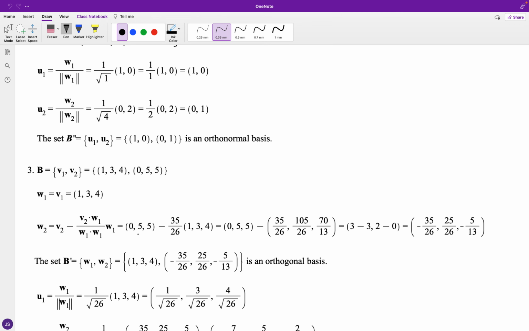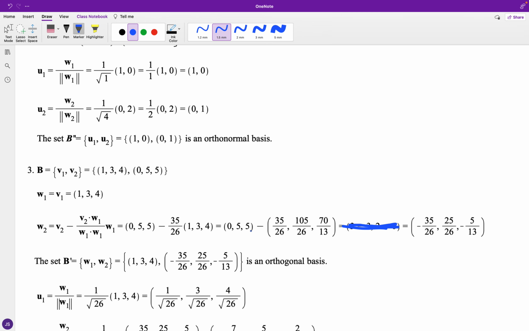And taking the difference, we have 0 minus 35 over 26, which is 35/26 times 1, 3 times 35/26 is 105/26, and 4 times 35/26 is 70/13. Looking at the difference, we're going to have 0 minus 35/26, 5 minus 105/26, which is 130/26 minus 105/26, that'll be 25/26.